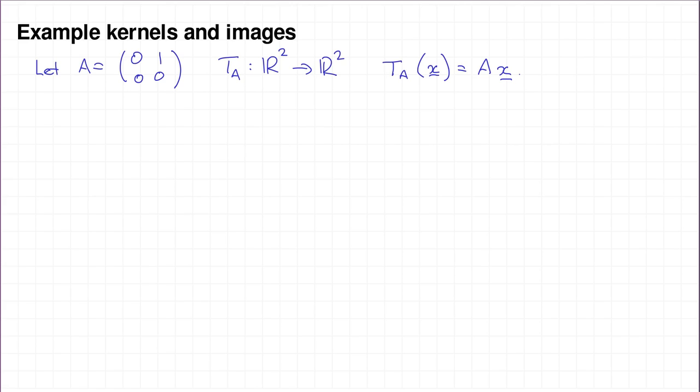We showed in our previous lecture that this thing is actually a linear map. It really is a linear map because the linearity conditions are just familiar properties of matrix multiplication.